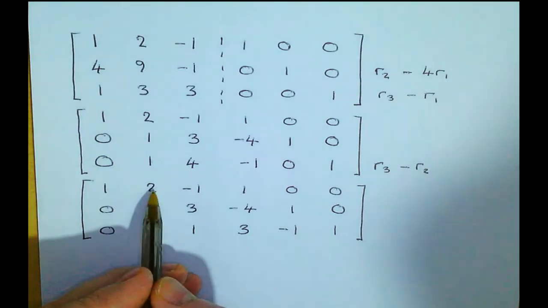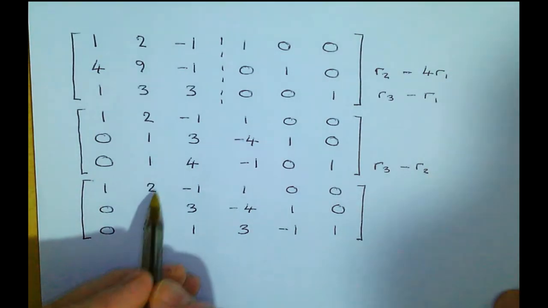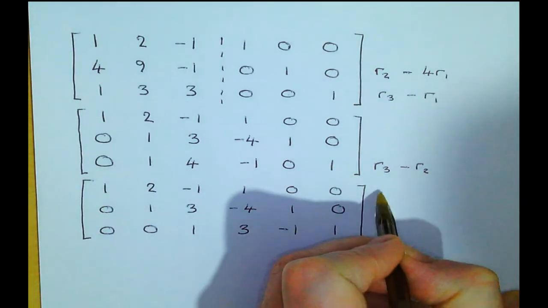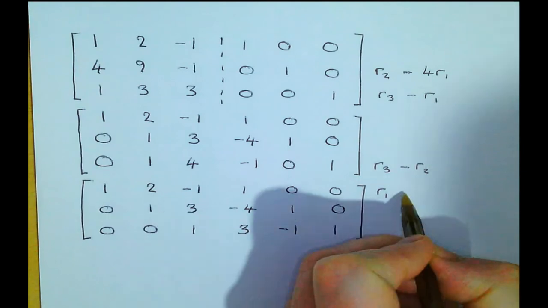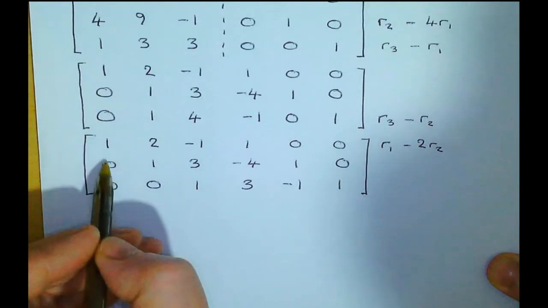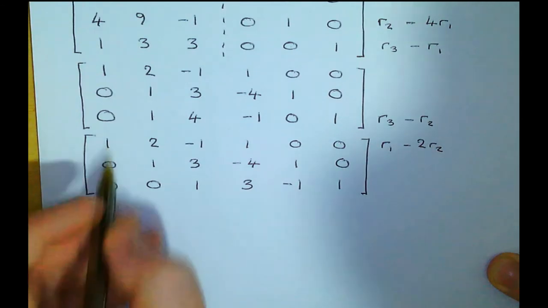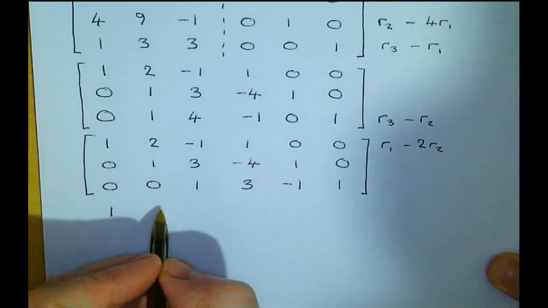The next place where we want a 0 is here. And we'll achieve that by taking row 1 and subtracting off twice row 2. 1 minus twice 0. 2 minus twice 1.